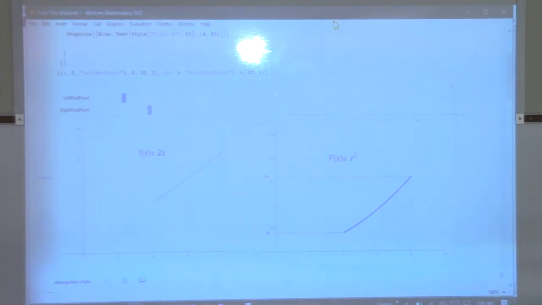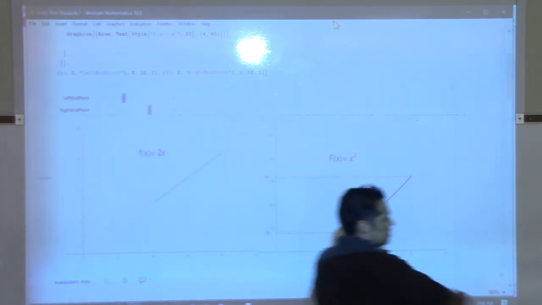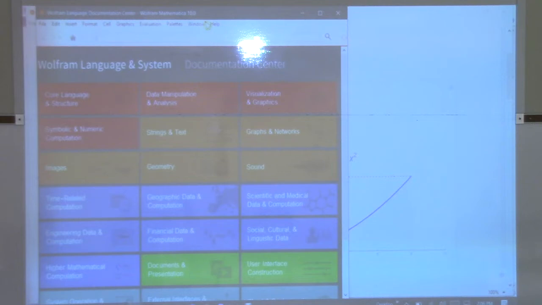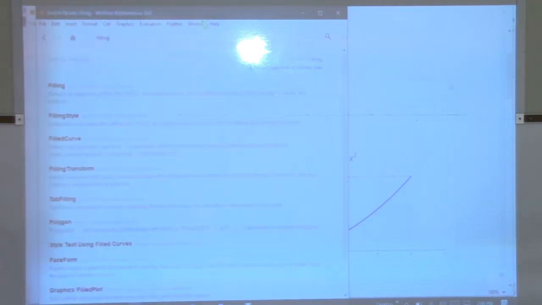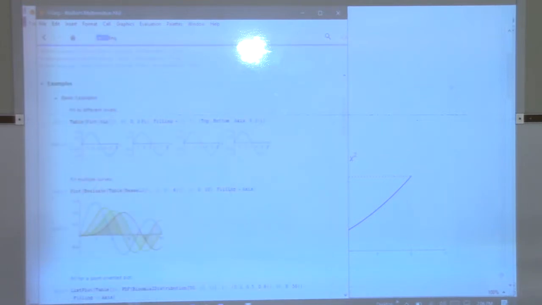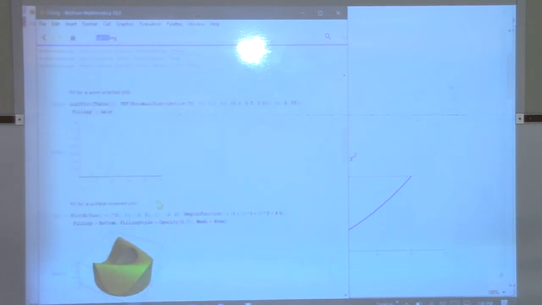Y'all can't see that, can you? You can't see that this is shaded underneath here, can you? No. Okay, I need to fix something real quick. Give me a second. I don't know if I'm going to be able to do this easily. Filling. Style.